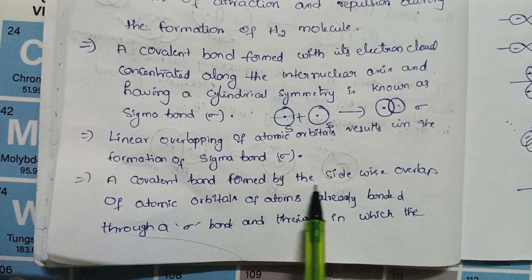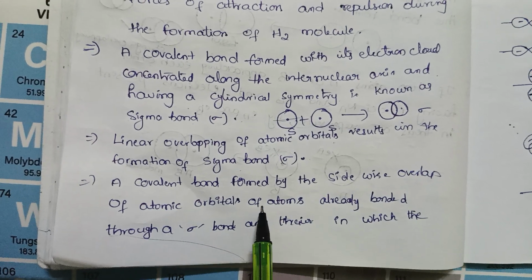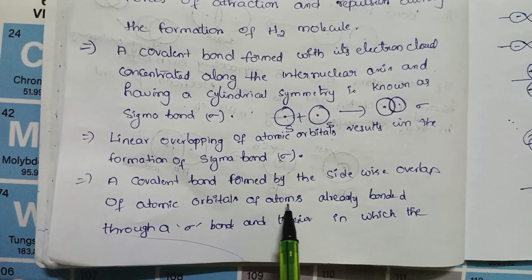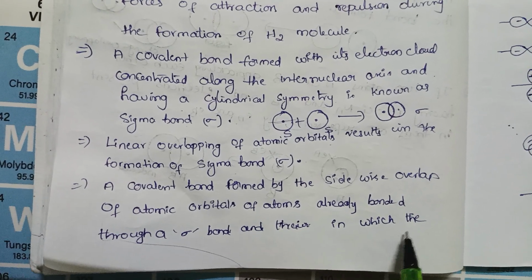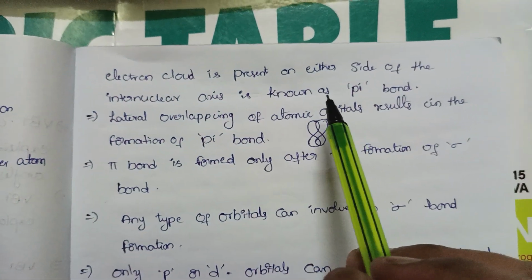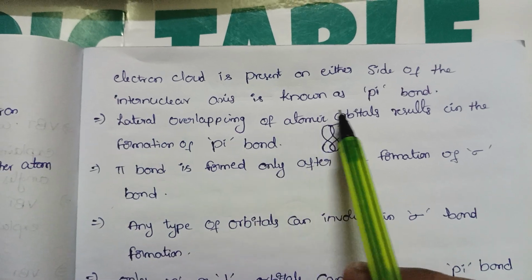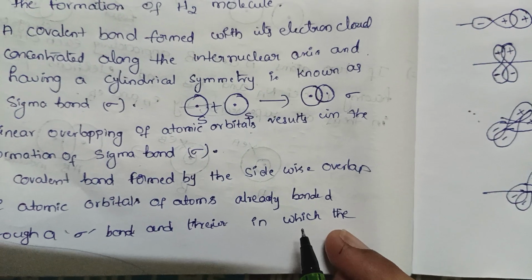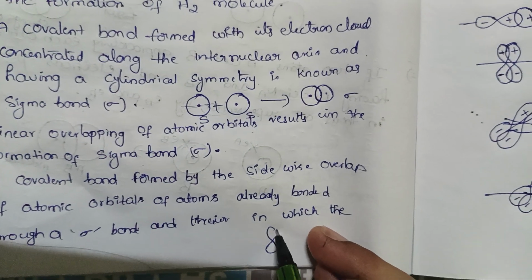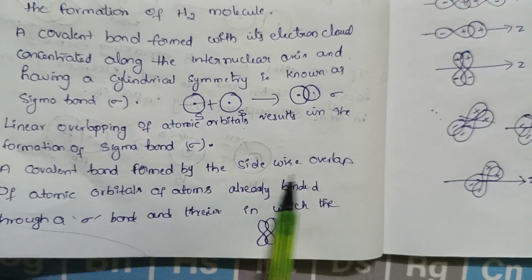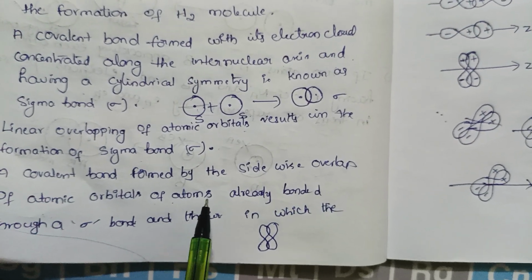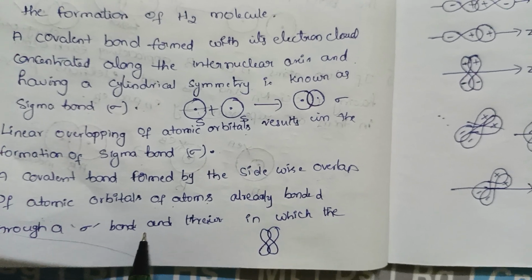A covalent bond formed by the sidewise overlap of atomic orbitals of atoms already bonded through a sigma bond, in which the electron cloud is present on either side of the internuclear axis, is known as a pi bond. See, sidewise overlap of atomic orbitals of atoms already bonded through a sigma bond.